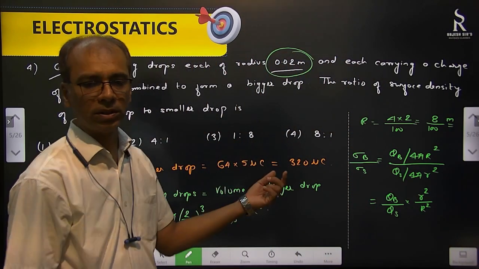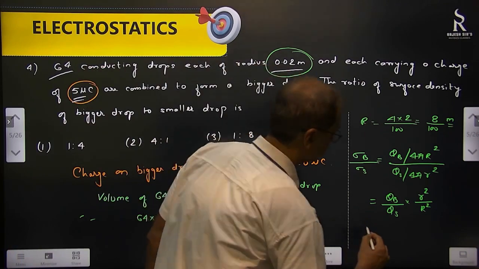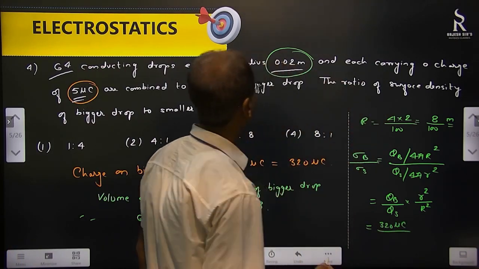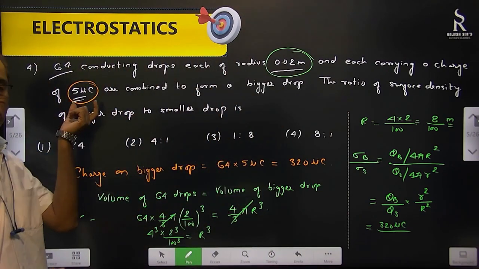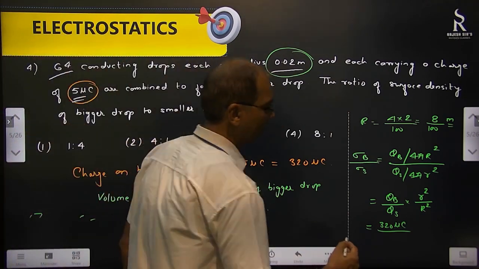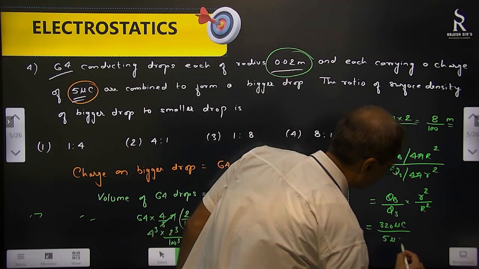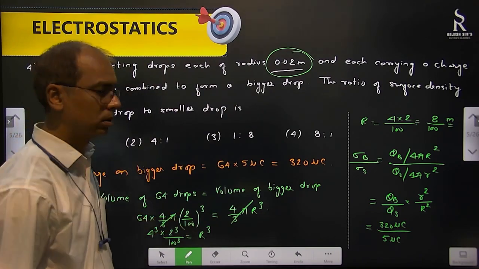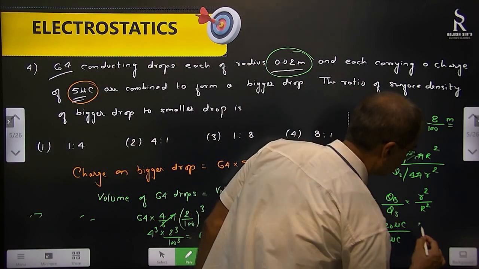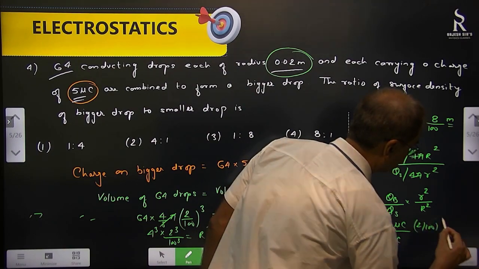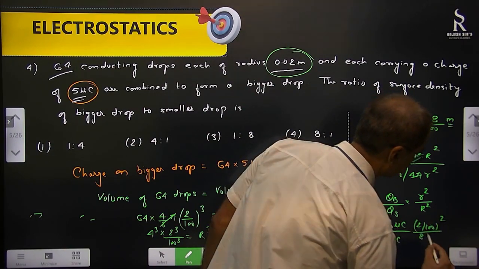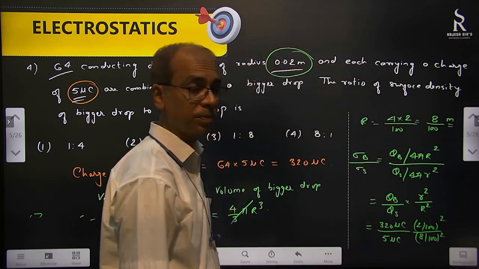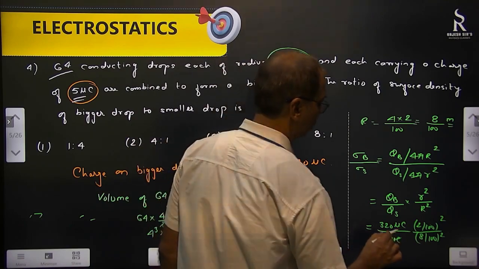The Q of bigger drop is 320. Q on smaller drop is 5 microcoulomb. r square is how much? Small r is 2 by 100, so 2 by 100 square. And capital R is 8 by 100. So this microcoulomb first you cancel.